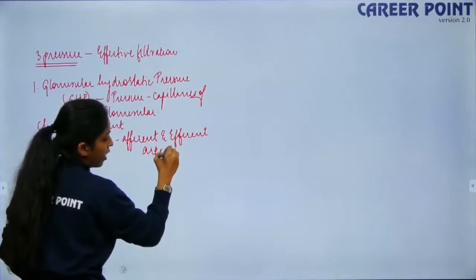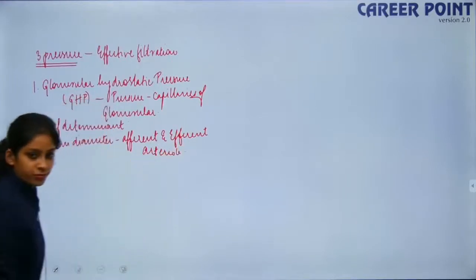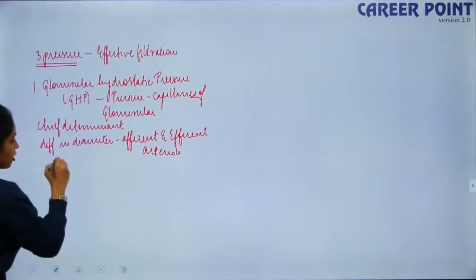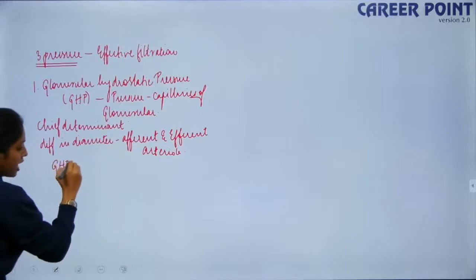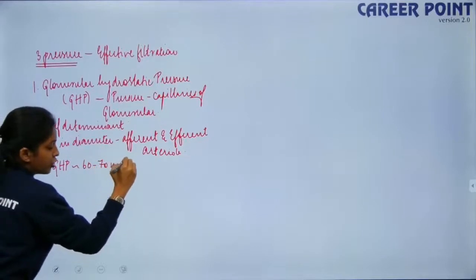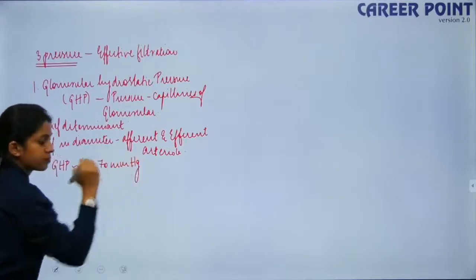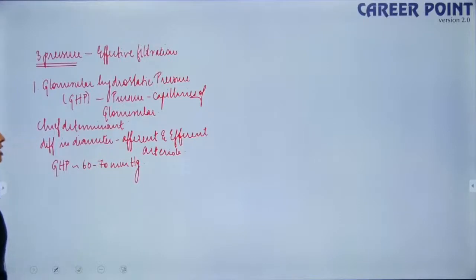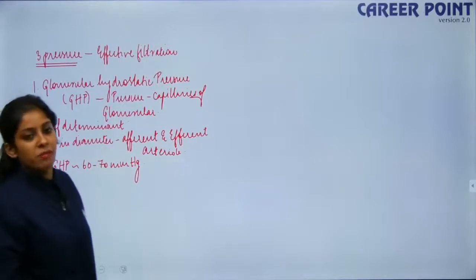That is why you have this pressure. The value of your GHP is around 60 to 70 mmHg.